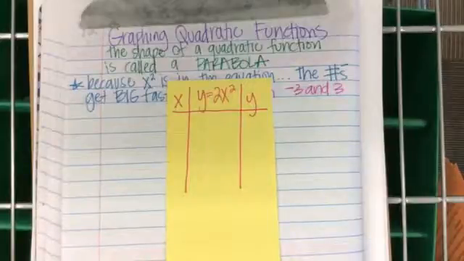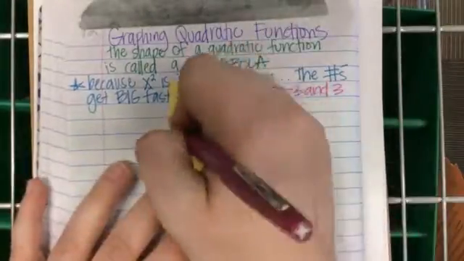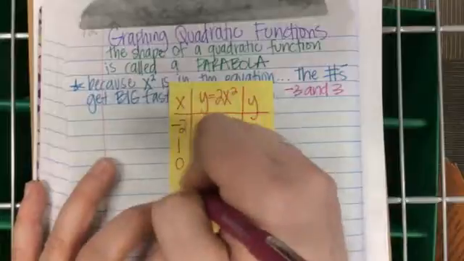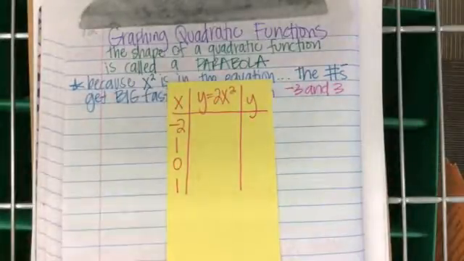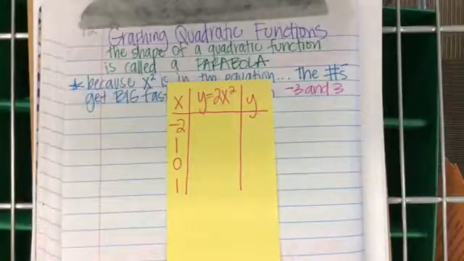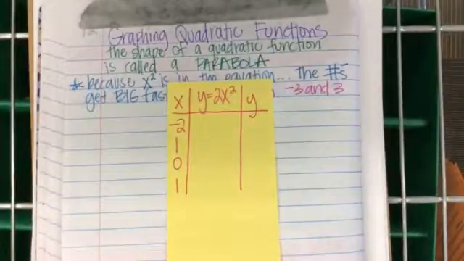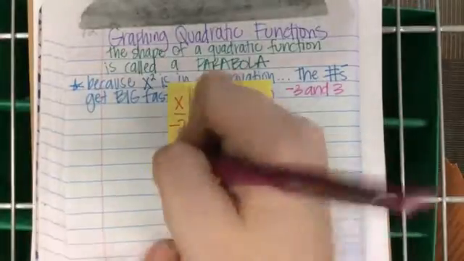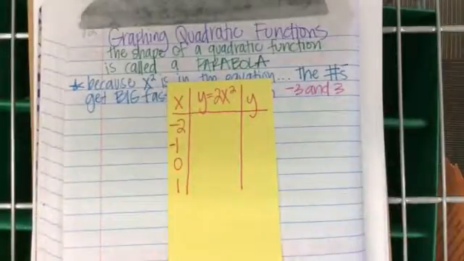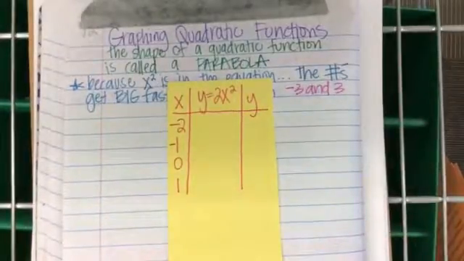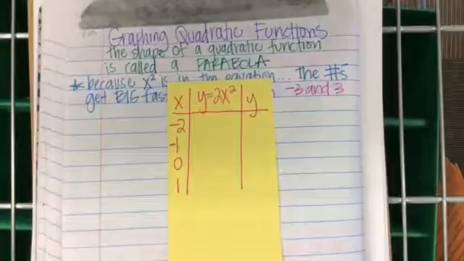Alright, so we're going to pick 4 values to substitute. I'm going to pick -2, -1, 0, and 1.